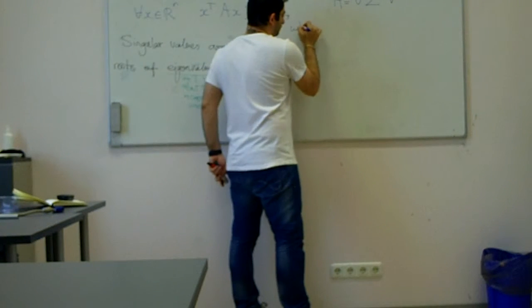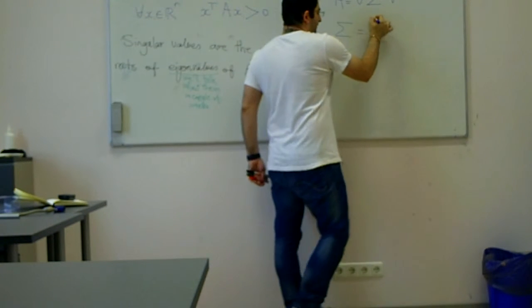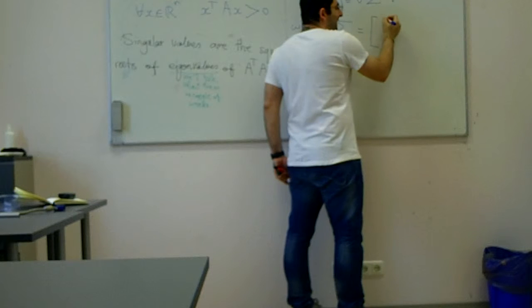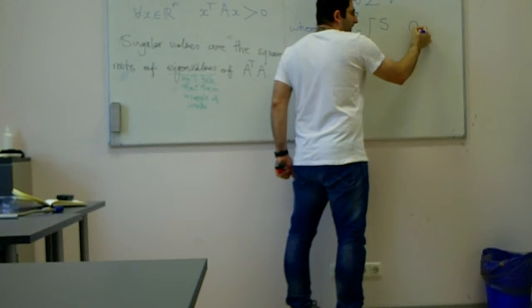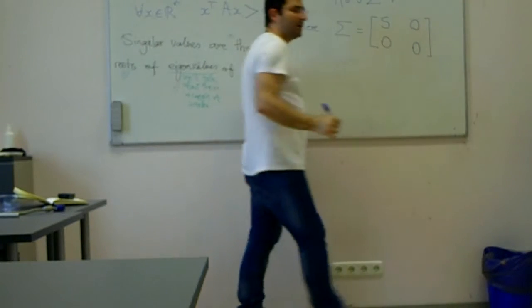Where sigma is a block matrix. That's why I write the zeros big.